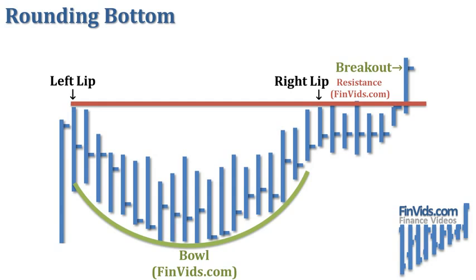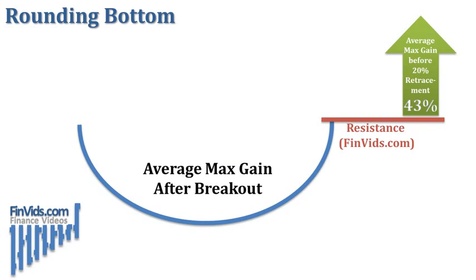Now a buy signal is triggered when prices close above the resistance line drawn from the left lip to the area of consolidation formed after the right lip. The average maximum gain after a breakout historically has been 43%.